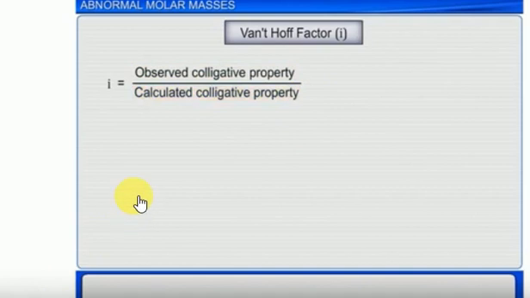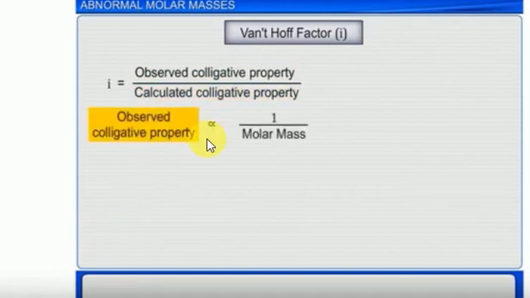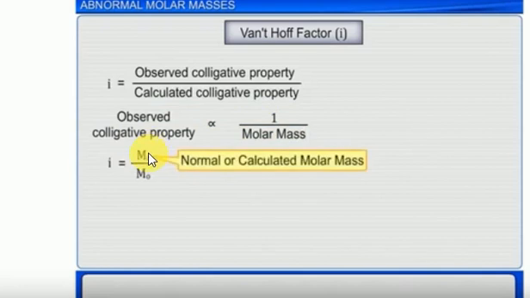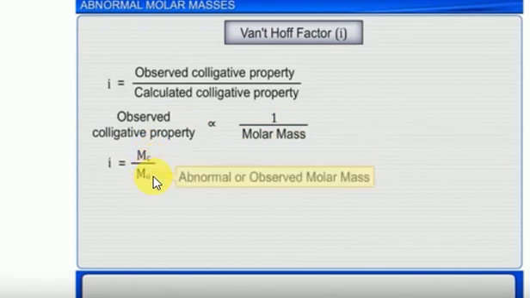Now, since colligative property is inversely proportional to molar mass, i, in terms of molar mass, becomes i equal to normal or calculated molar mass Mc divided by abnormal or observed molar mass Mo.